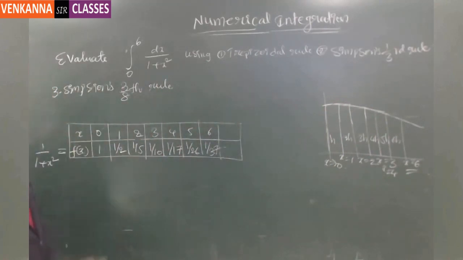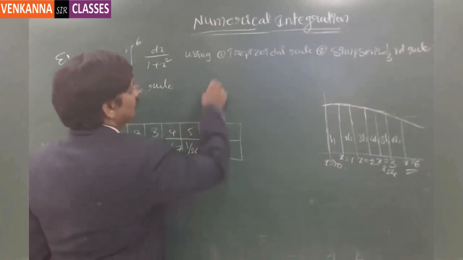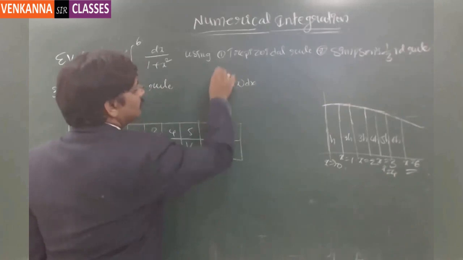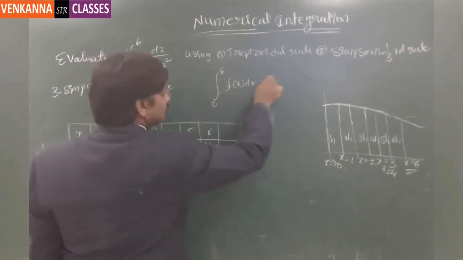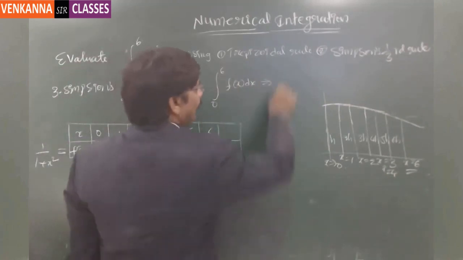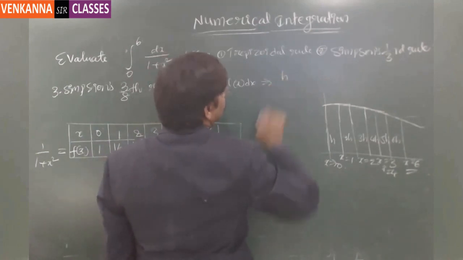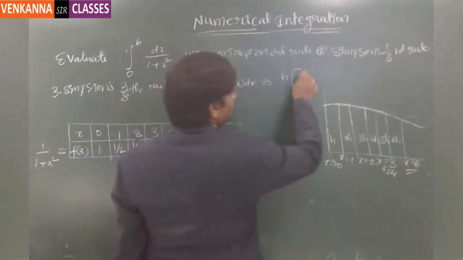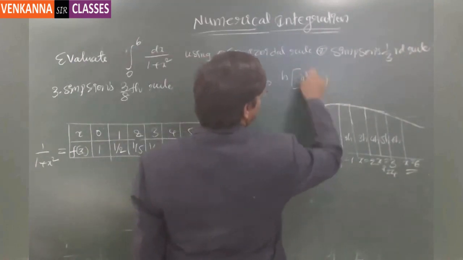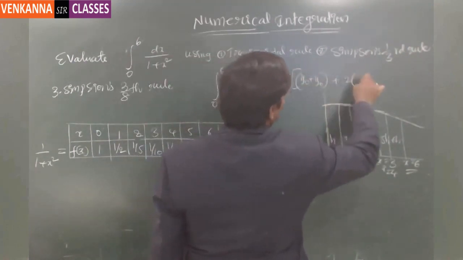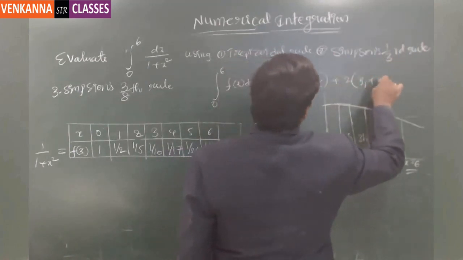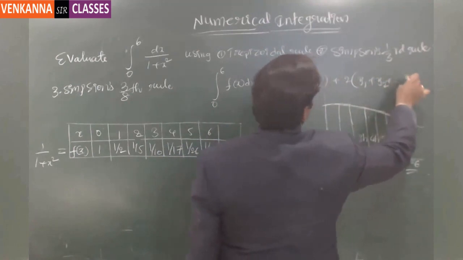Now here if you are using the trapezoidal rule, then the rule is integral f of x dx, integral 0 to 6. So this value is going to be h by 2 times y0 plus y6 plus 2 times the rest of the values, y1 plus y2 plus up to y5.